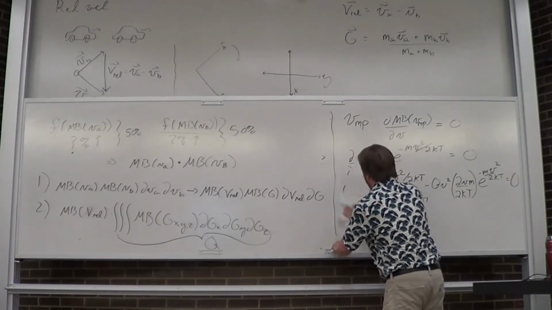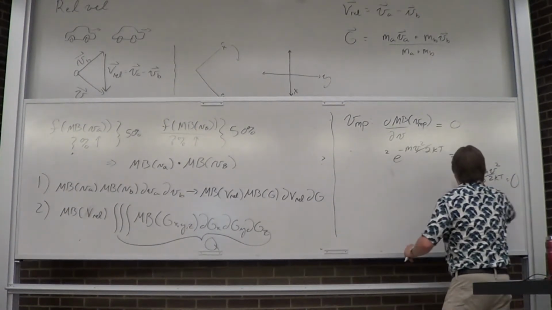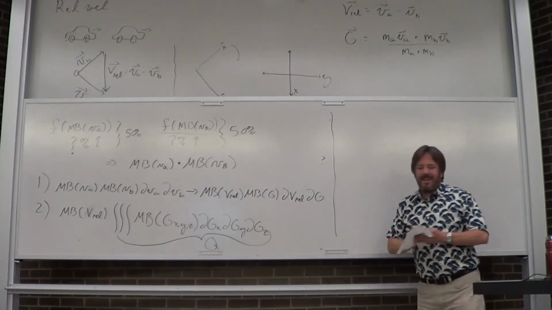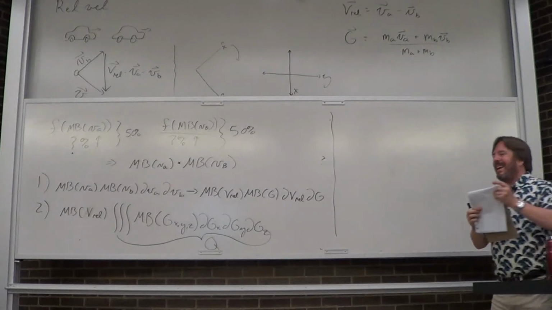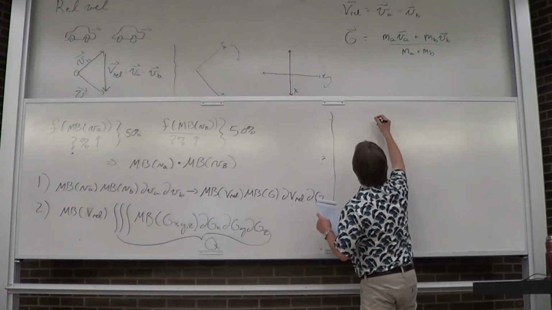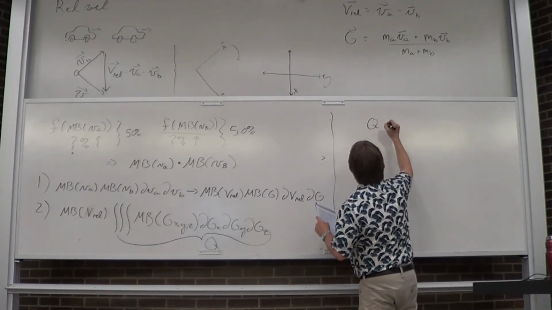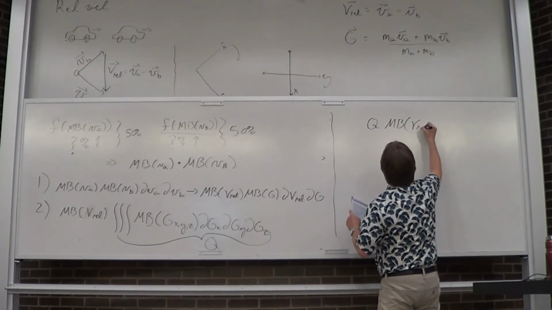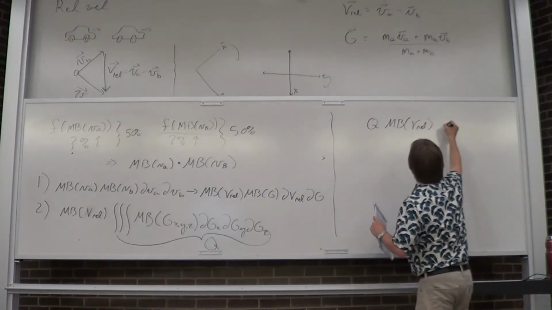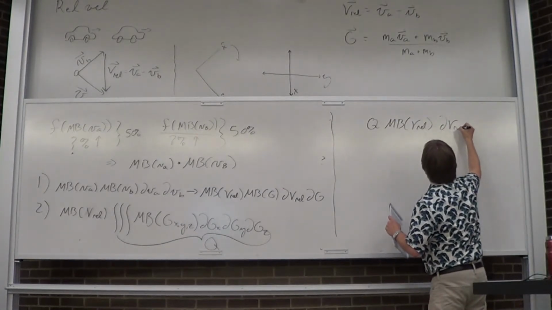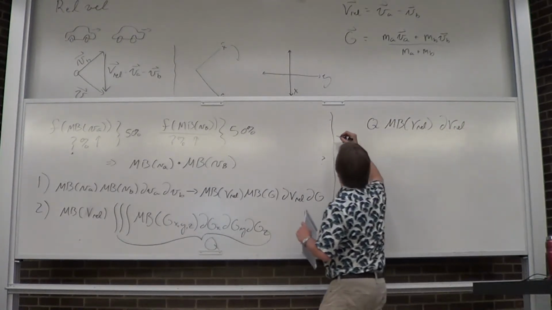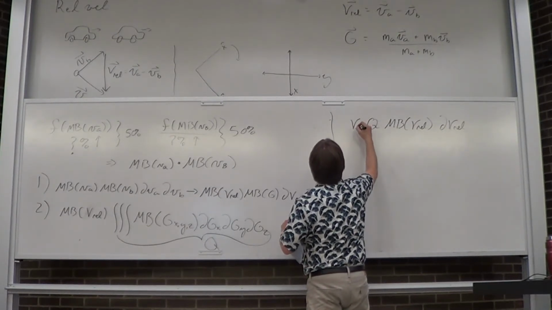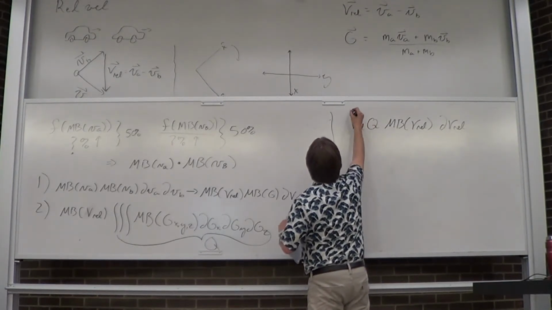The last thing you do, you're basically done. You see, you've got your relative velocity, you get these messy constants, you've got a Maxwell-Boltzmann as a function of relative velocity. This guy is still here, and all you would do is multiply it by the relative velocity and integrate it.